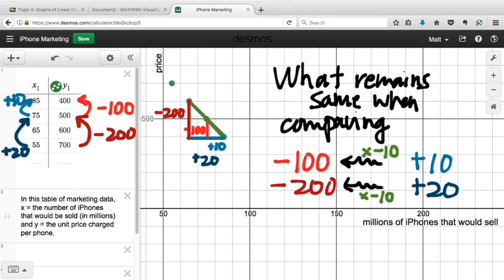But that's overhead. We don't care about that. If we can note that this is the consistent relationship that we're looking for, then it elevates this number negative 10 to a special status.